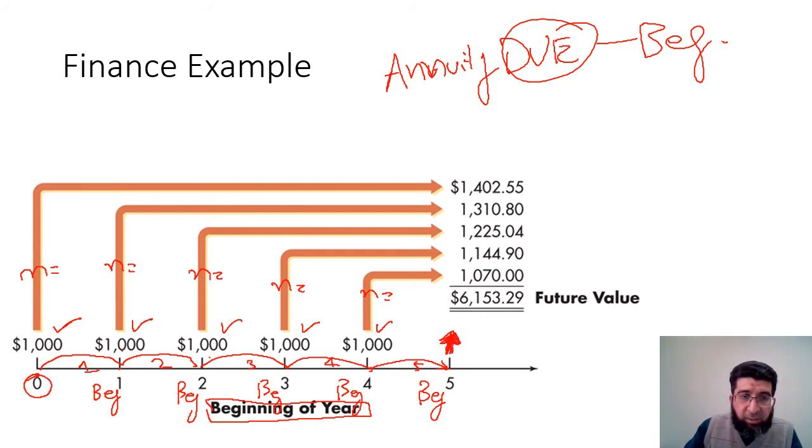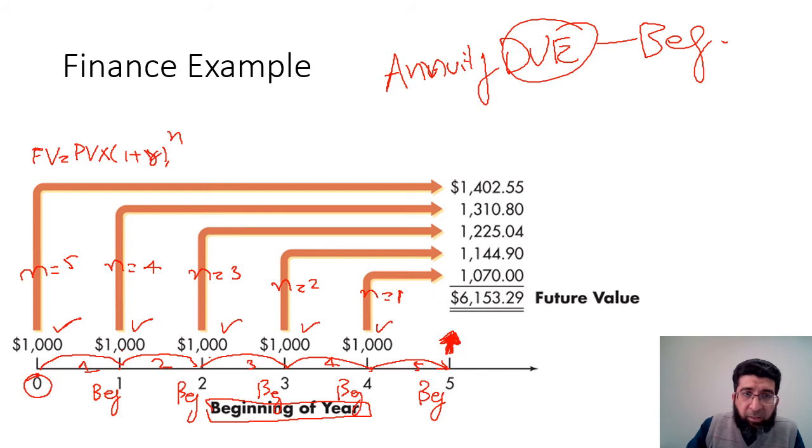So for this, we have now 5, and for this 4, 3, 2, 1. So the last investment was invested for only 1 year. If we take the single payment formula, we can calculate the future value of the annuity, which is future value equals present value multiplied by (1 plus R) to the power n.